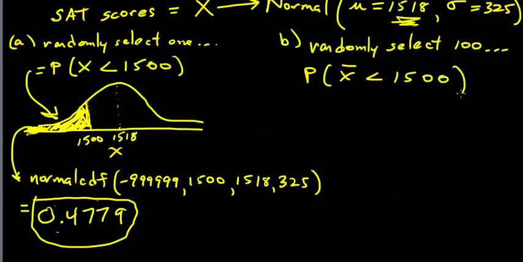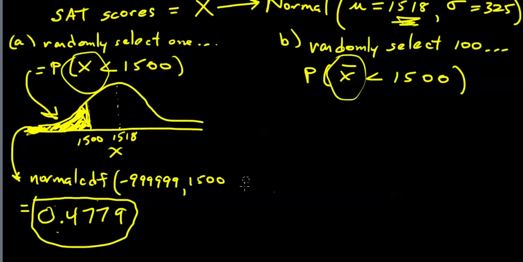And notice the very subtle, seemingly subtle, but really very profound notational difference. In this problem, we're talking about a single x value. In this problem, we're talking about the probability of a sample mean from a sample size of 100. Alright, let me erase this piece, because I'm going to need some more room here.